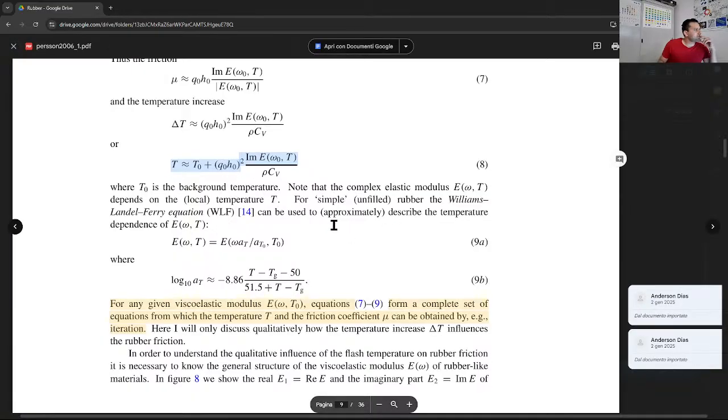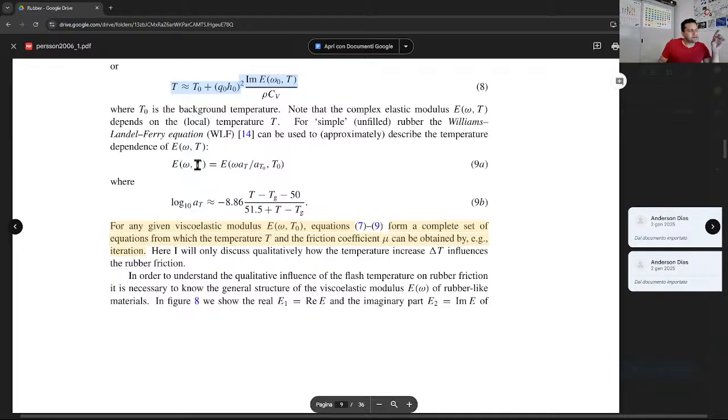Okay, and then using the equations provided by Williams, Landel and Ferry, we can describe this function for the elastic modulus.